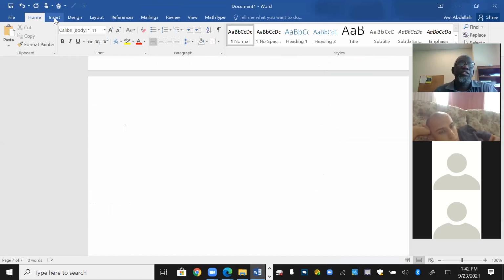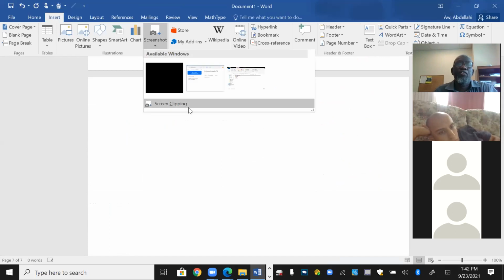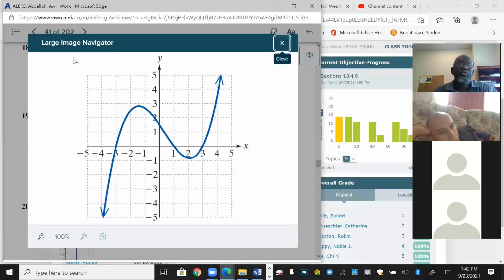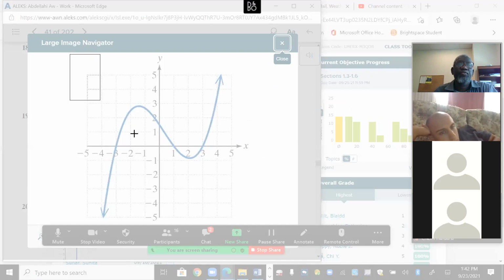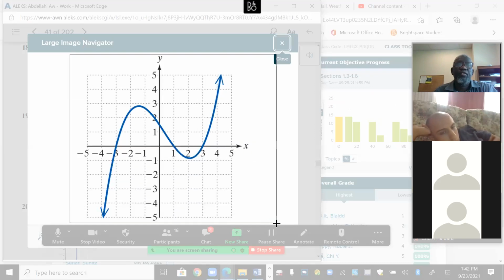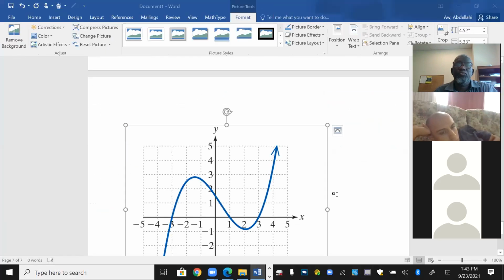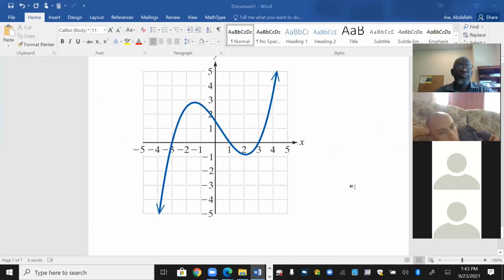So I'm going to insert it here. F is increasing on what interval? F is decreasing on what interval? From 2 to about 4.3.